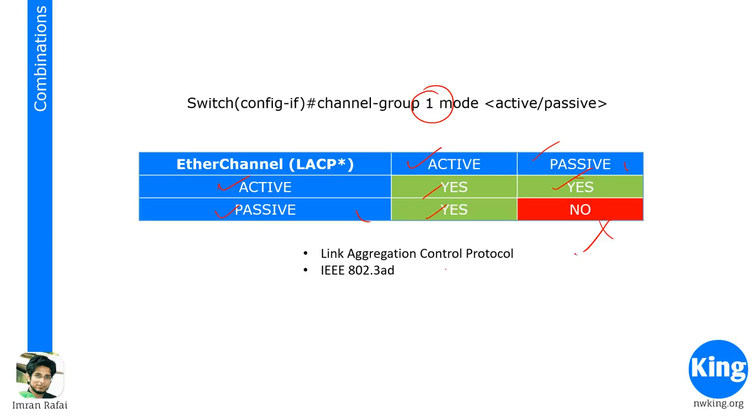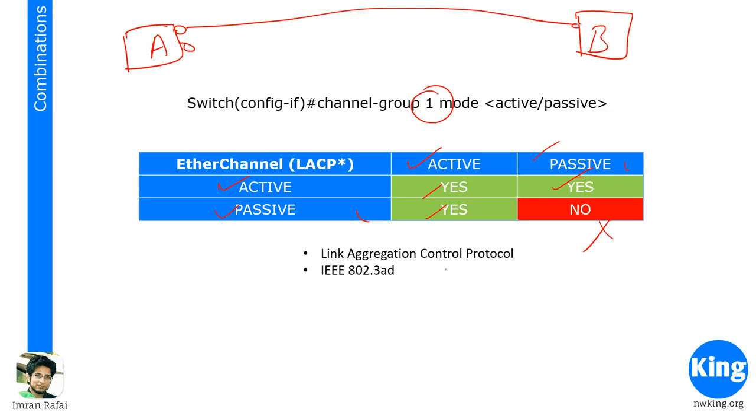Now, can you use one side? Let's say you have switch A and switch B, and you have two links, right? Can you use active here and auto here, or desirable here? Well, absolutely not.